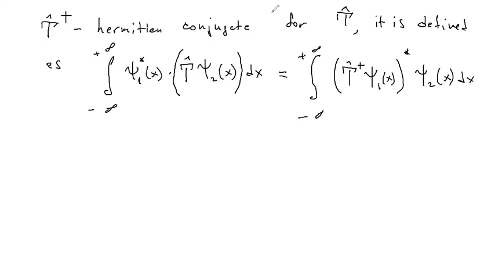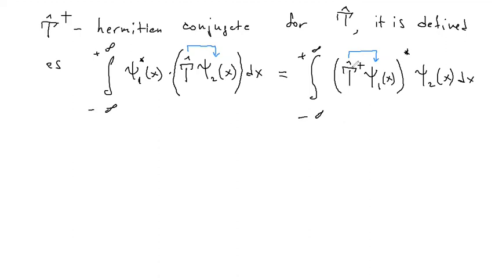I'm going to just show how the operator acts like this or like that. So you see, if you want to act to the right, then this is your operator T. But if you want to transfer the action to the left, on state psi 1 on the left hand side, then you replace it with T dagger.